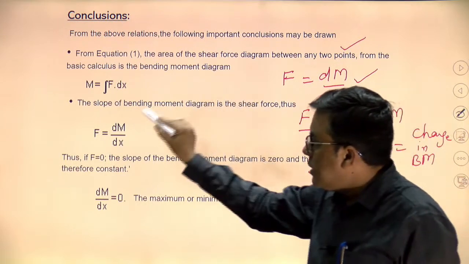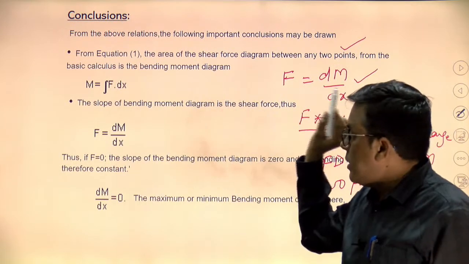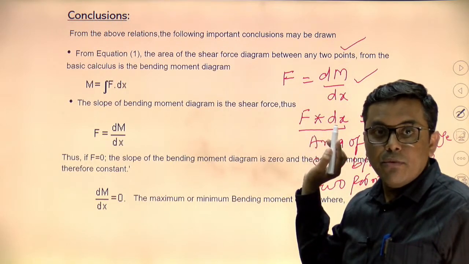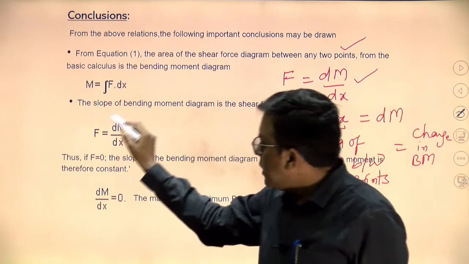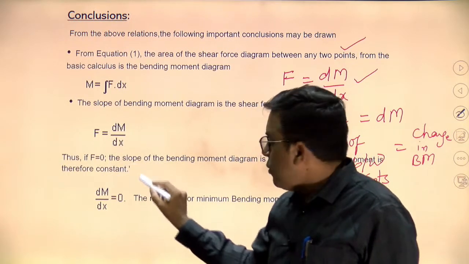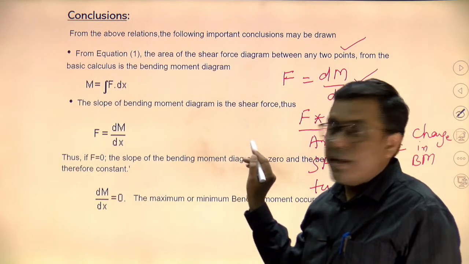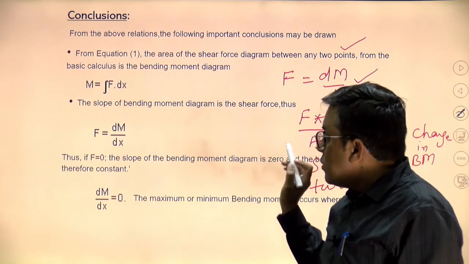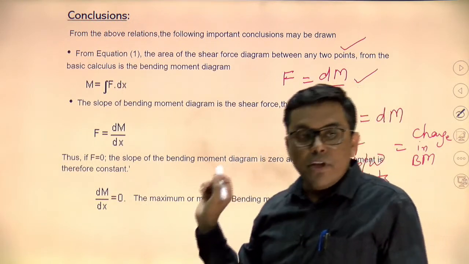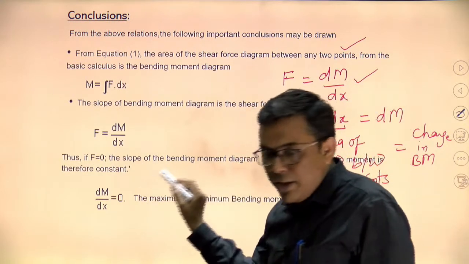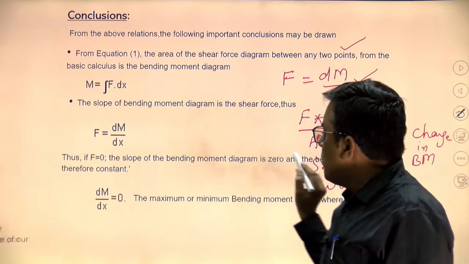Now I am coming to the third conclusion: dm over dx equals 0. If dm over dx equals 0, it is the condition of maxima or minima. So at that particular point where shear force is 0, the bending moment will be either maximum or minimum.